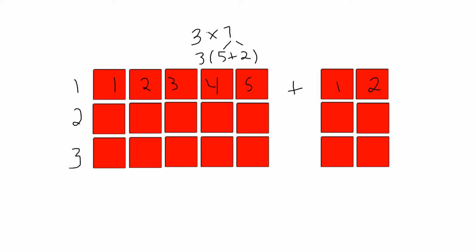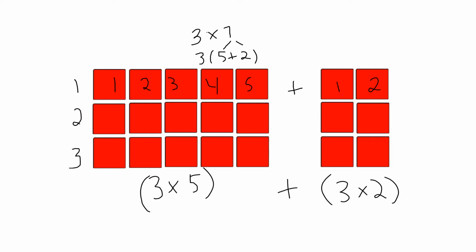But instead of having 7 all together, we've broken it apart into 2 different arrays. We've broken it into a 3 by 5 array, and we're adding it to a 3 by 2 array because we have 3 rows with 2 in each row. That's the 2, okay?